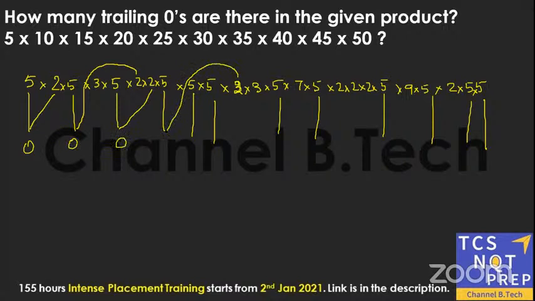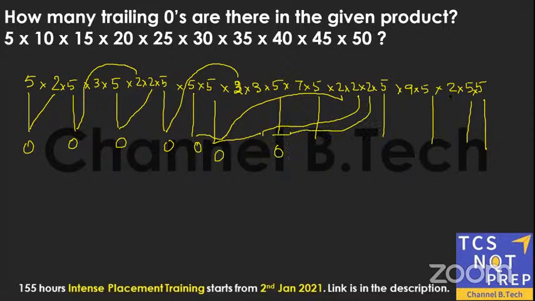This 2 and this 5 can be combined. I am taking this 2 here, combining here. I am taking this 2 and combining here. And I'm taking this 2 and combining with this 5.